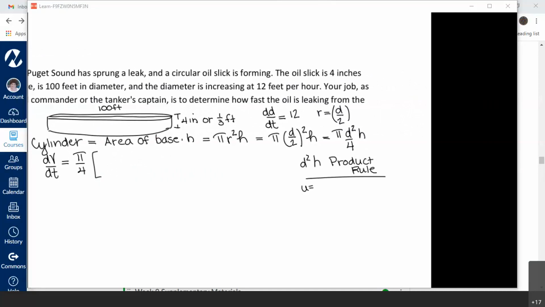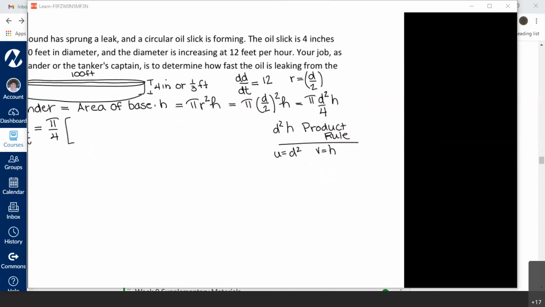Okay, so u is d squared, v is h. They're both functions of time. Now, there's going to be an insight here in a minute. Okay, u prime is 2d dD/dt, right? Because the diameter is a function of time. So you're going to treat it like a composite function. You differentiate the d squared, then you differentiate the inner function, the diameter. And then over here, when we do v prime, we're going to get a 1 times dh/dt.